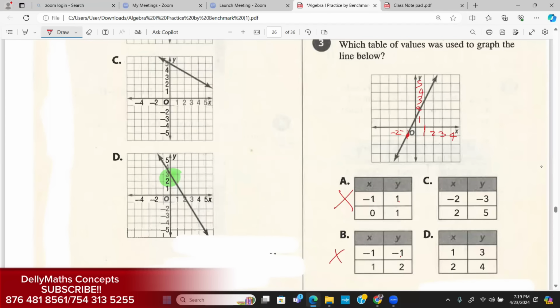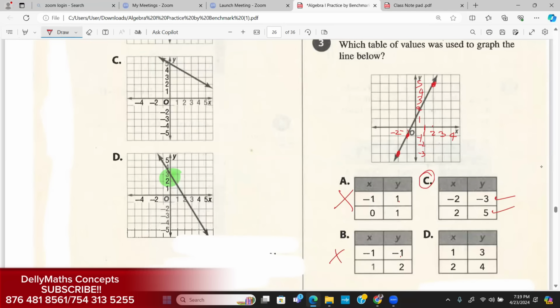How about -2 with -3? Oh, yes, this looks like it works right here. All right, so I'm seeing that. That's one. Let's check out the next one. So this is good. 2 with 5, 2 with 5 right here. This works. So my answer is C.